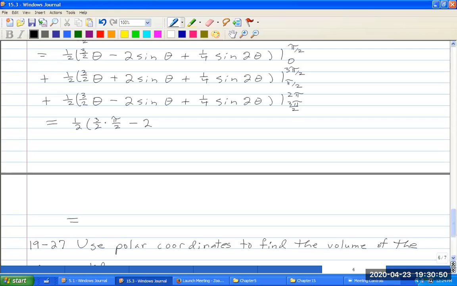Sine of pi is 0. Plug in 0, you get 0. Plus 1/2 times 3 pi over 2. Okay, so that's 3 halves times 3 pi over 2.